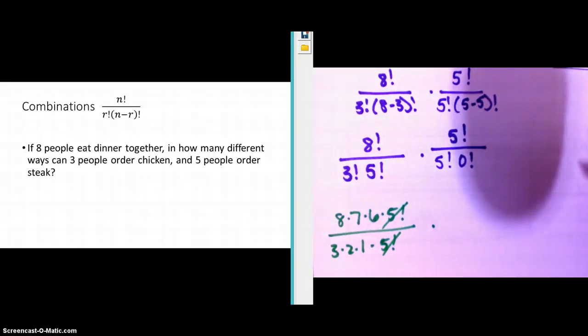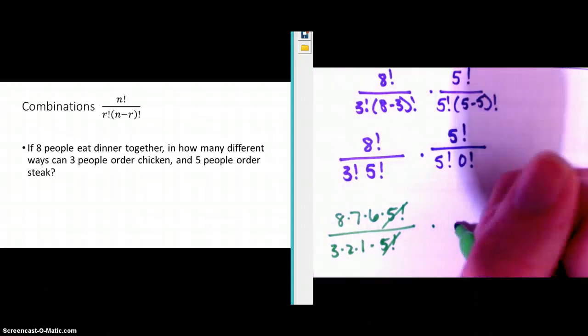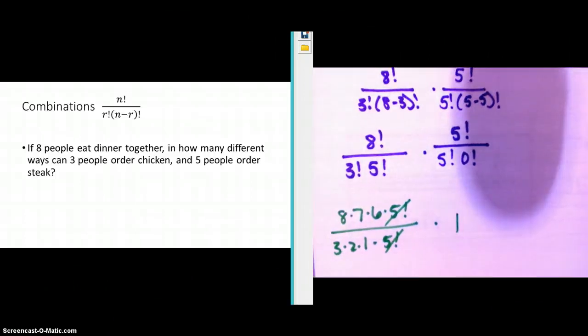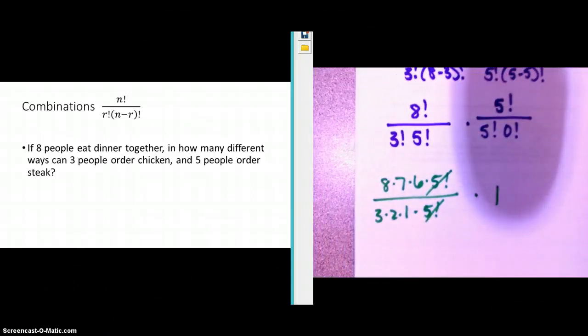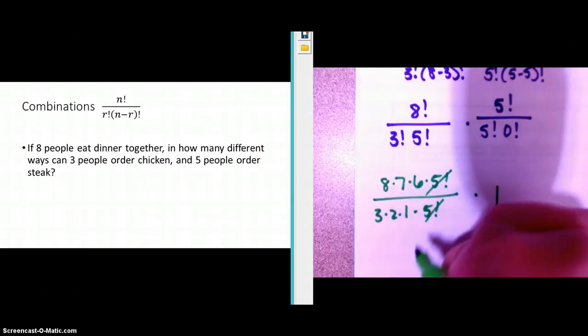Well, 0 factorial is 1, so actually you only have to solve this section. And with this one you get 8 times 7 times 6 divided by 3 times 2, and you get 56.